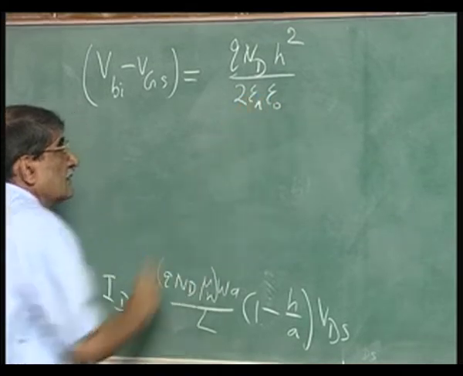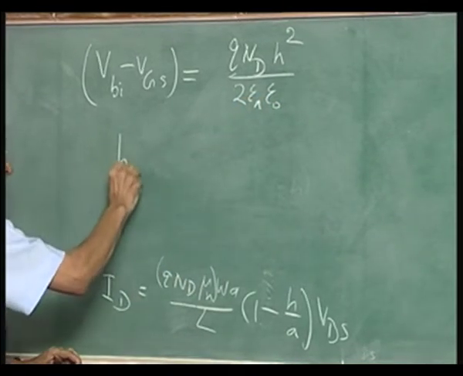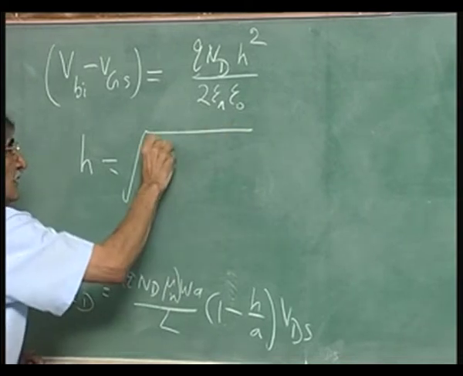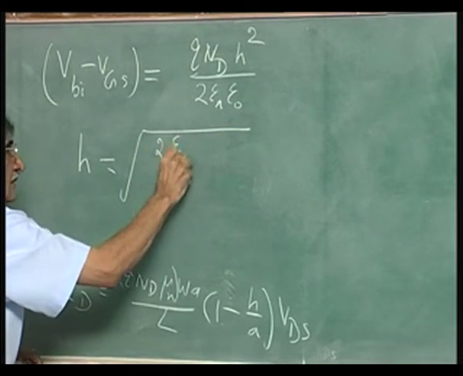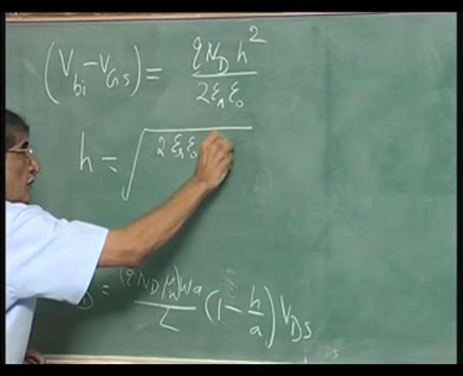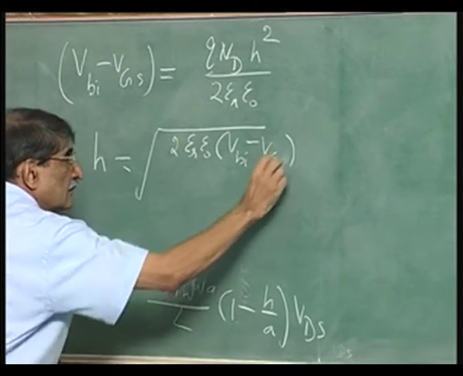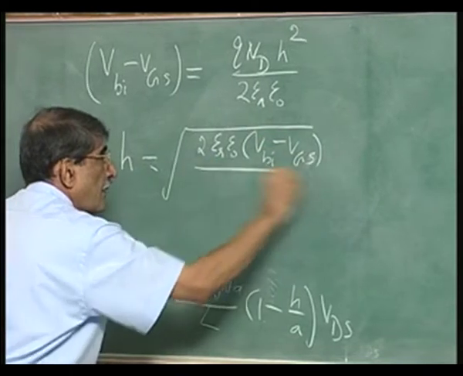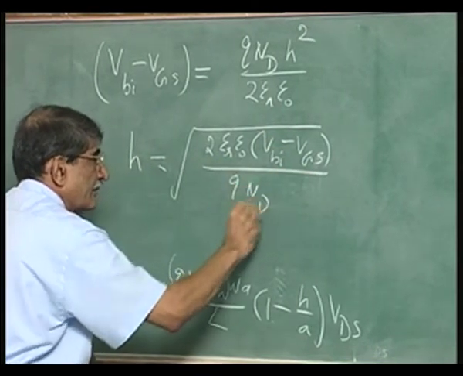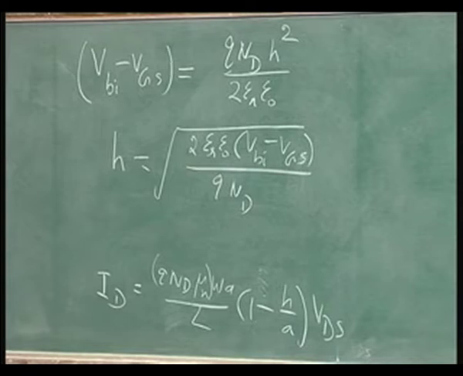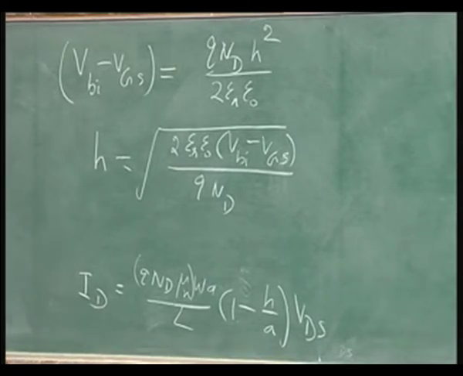So, H is actually equal to root of twice epsilon r epsilon 0 into V B I minus V G S divided by Q N D. This is the complete depletion approximation. This is the H term.